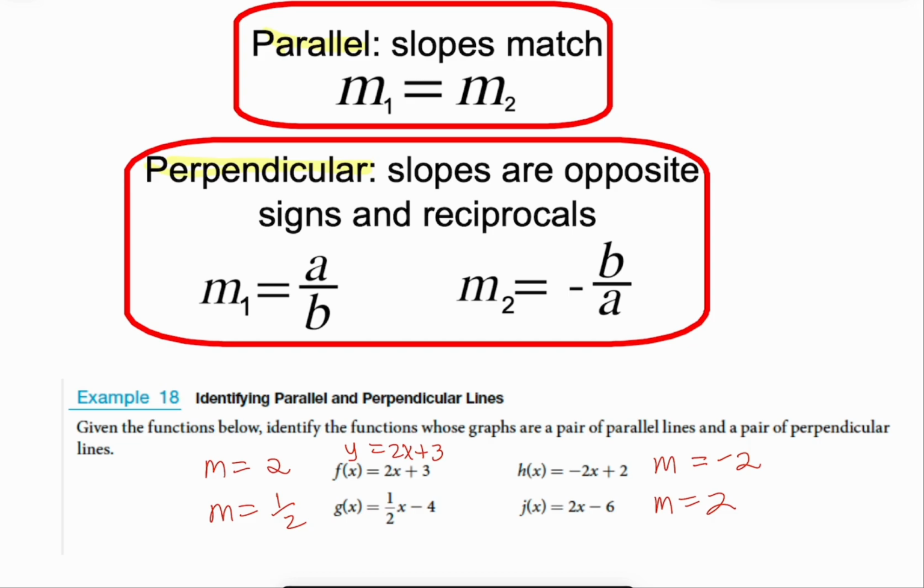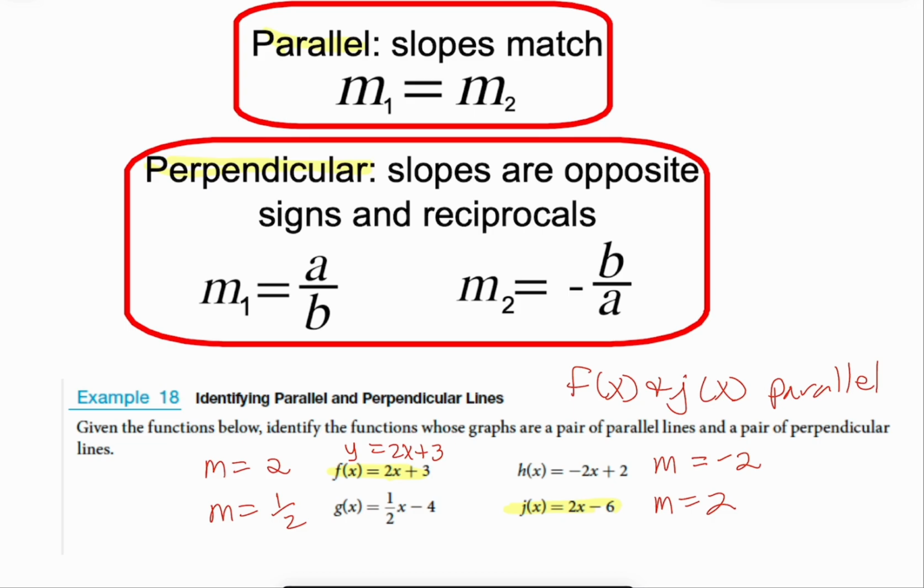So if we look at our slopes, these two slopes are the only ones that are perfect matches. So let's highlight those. So that means that f of x and j of x are parallel. Now they also have to have different intercepts for them to be parallel. Otherwise, they're just the same overlapping line.